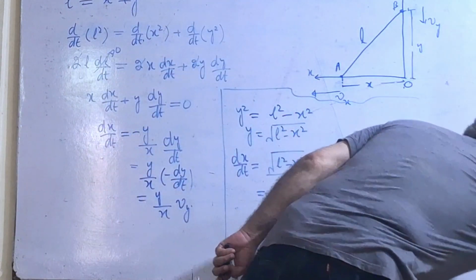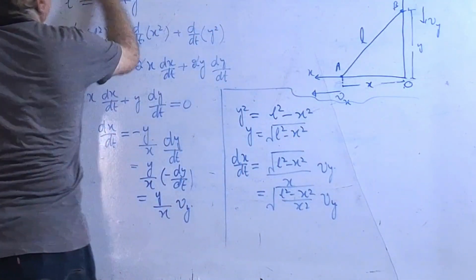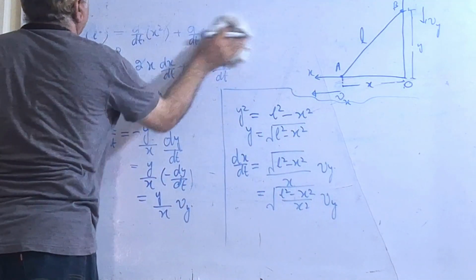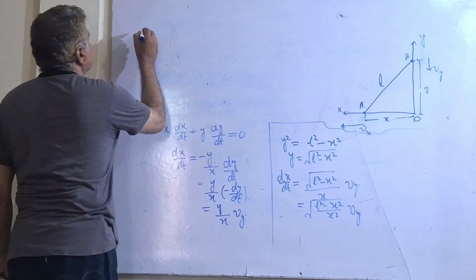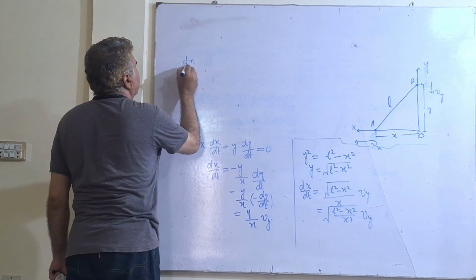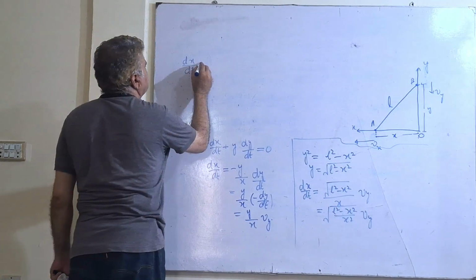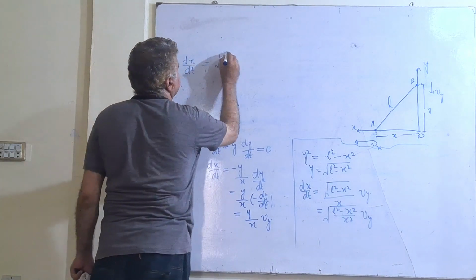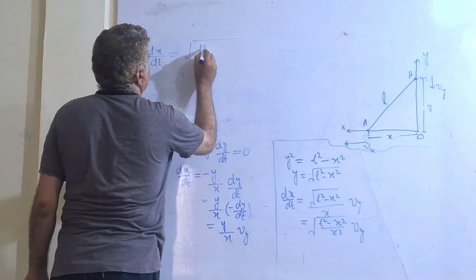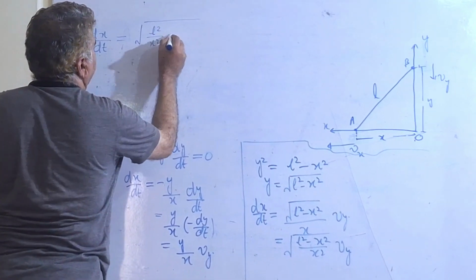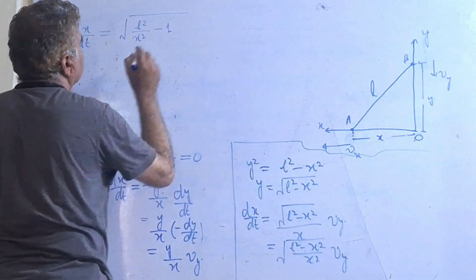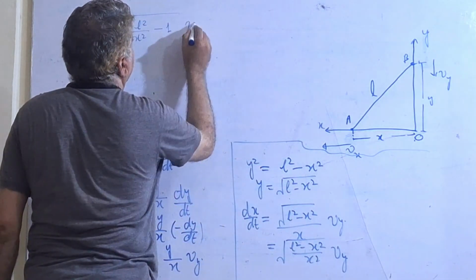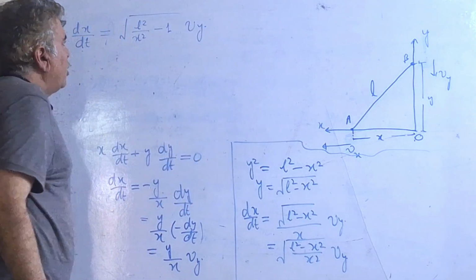Okay, let me rub this thing out, and I want to write the rest of the things over here. From this, I can write dx over dt equals square root of L squared divided by x squared minus 1, because x squared divided by x squared would give me 1, into vy.